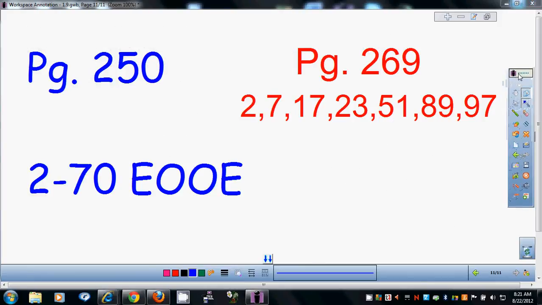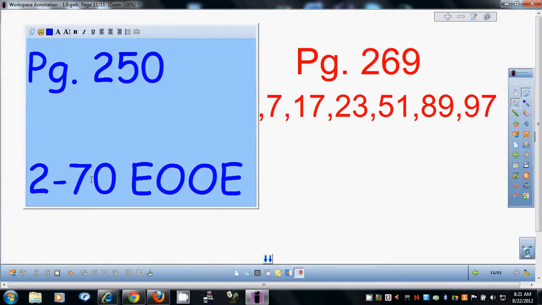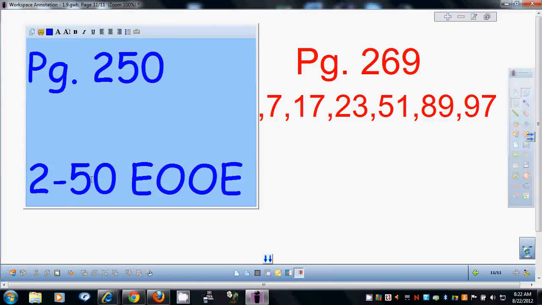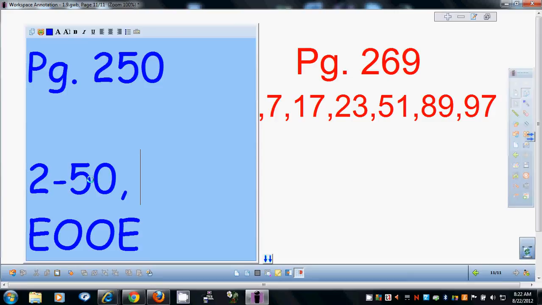I cut this down to every other even, which is every 6 problems, so 2, 8, 14, so that we could throw a few review problems in here too, so it'll make tomorrow's review a little bit more familiar. Let me tweak this. 2, 8, 14, 20, 26, 32, 38, 50, 66, 68.